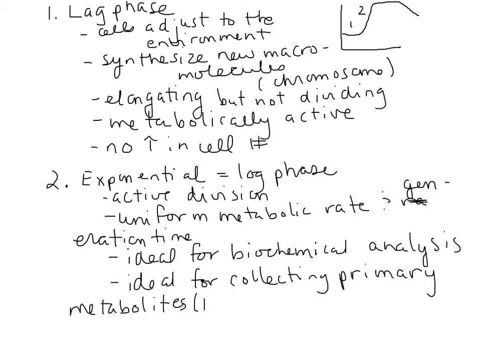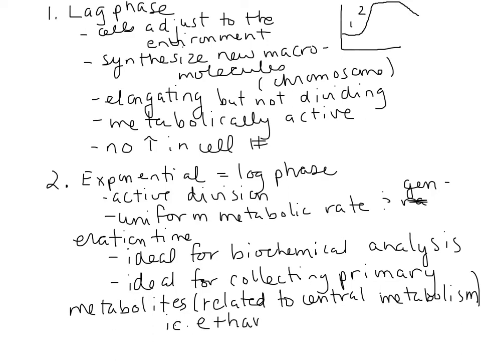These are related to central metabolism. And an example of one would be ethanol production, which can be done by some bacteria and also by yeast. This is the time when beer is made or when wine is made.